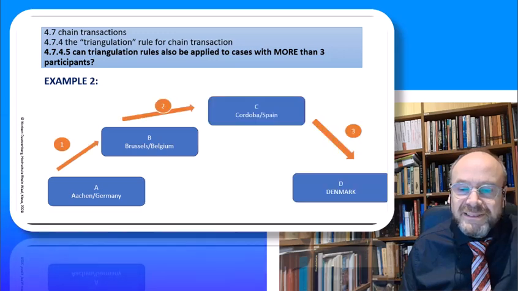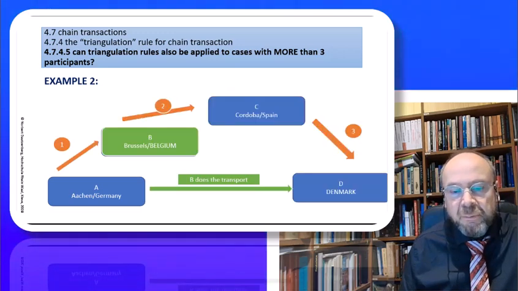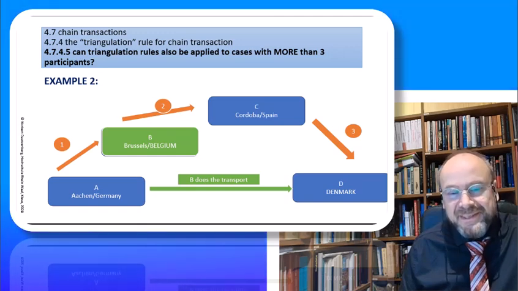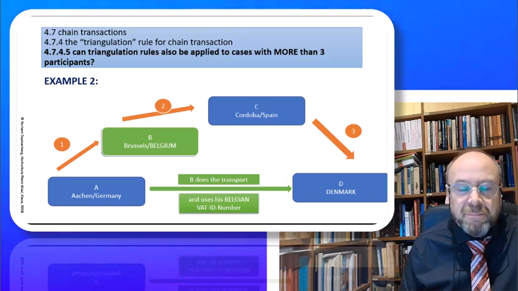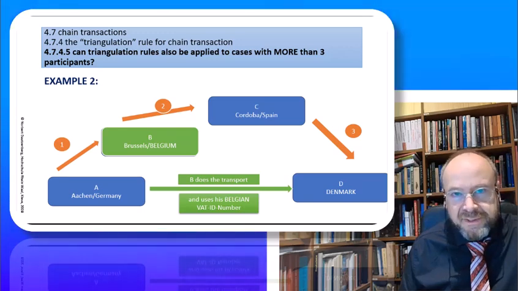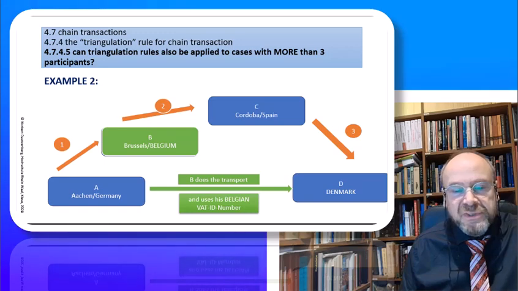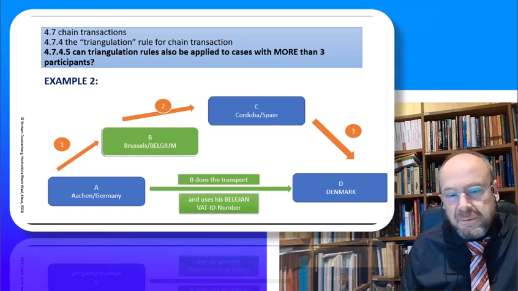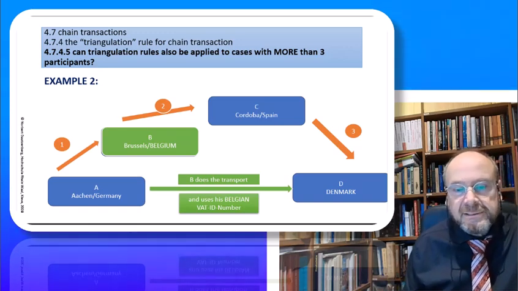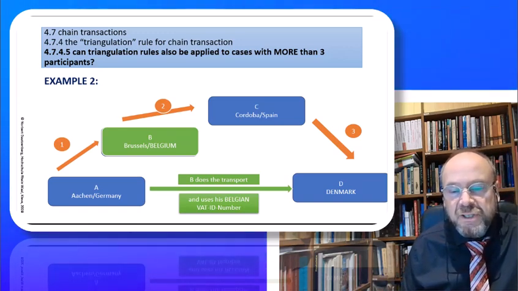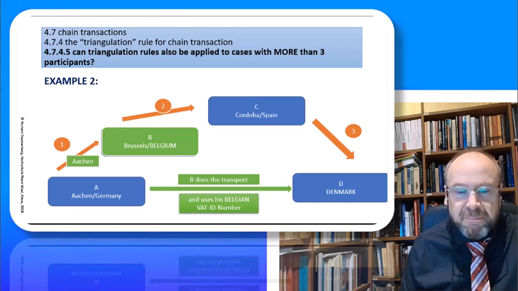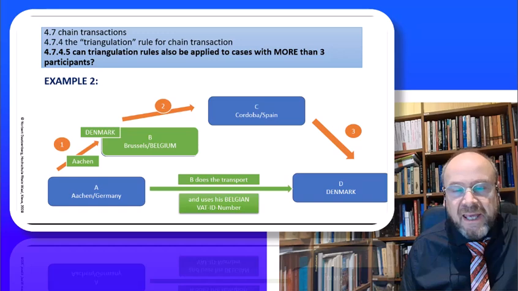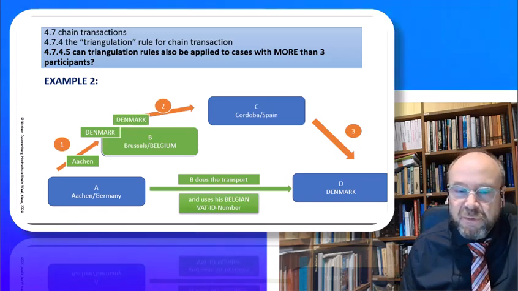Example 2, same constellation. Now B does the transport. B, as you see, is also in the middle of the chain. You remember that rule that B has a choice, and B can choose to use a Belgian or a German VAT number. He uses his Belgian VAT number. That means that A is not hindered to see his transaction as the one with the movement.